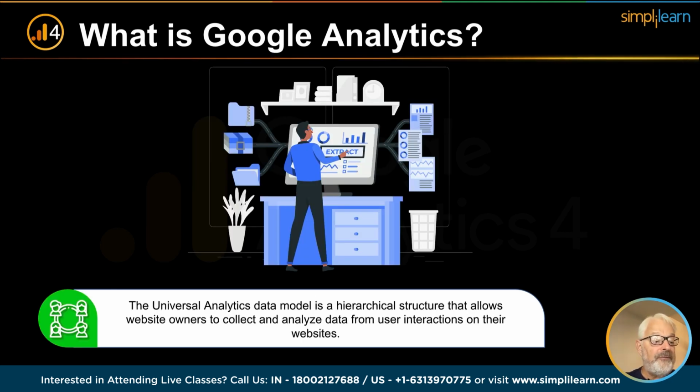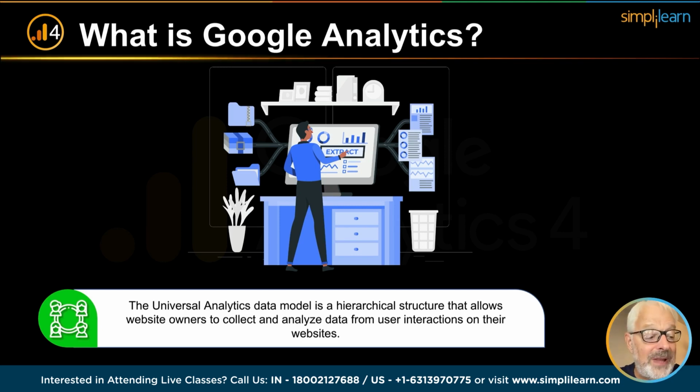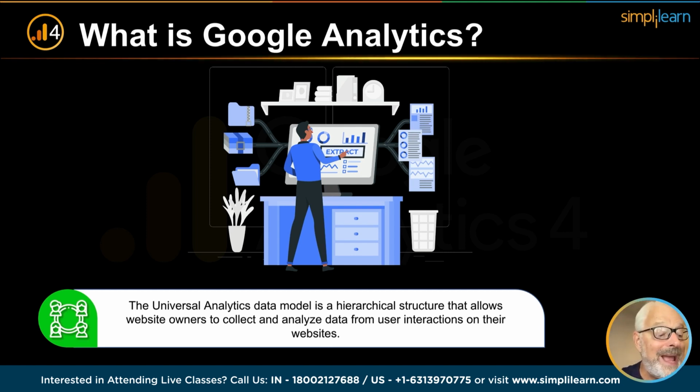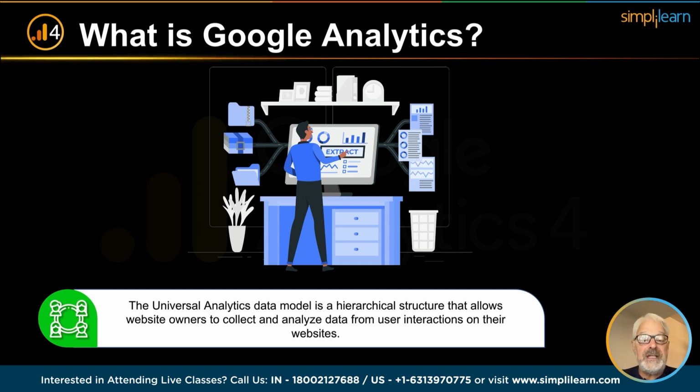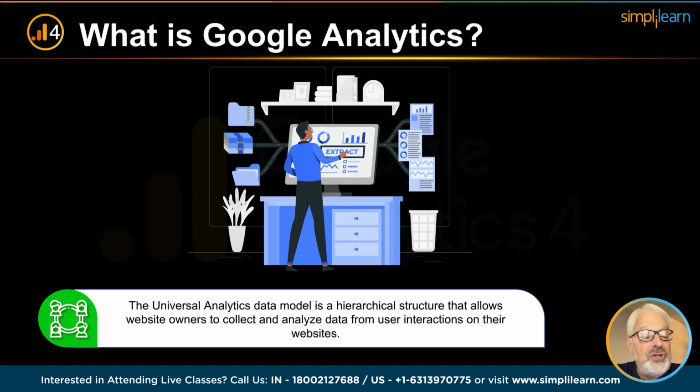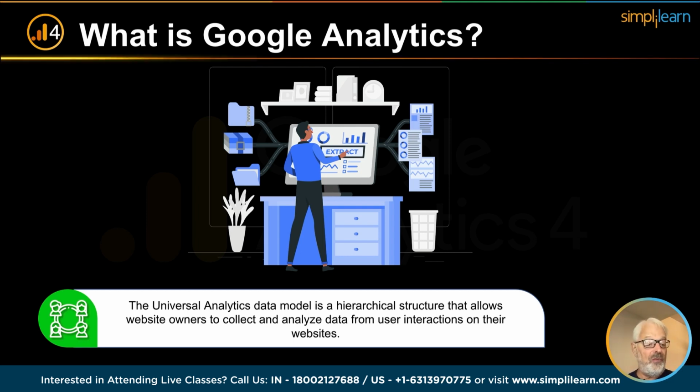So the current version of Google Analytics is called Universal Analytics, or Google UA. This data model is designed to help website owners and marketers understand how users interact with your website. The data model is built around a hierarchical structure that allows website owners to collect and analyze data from various user interactions on the website.